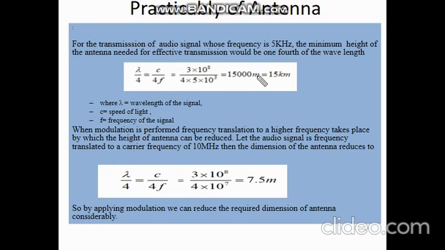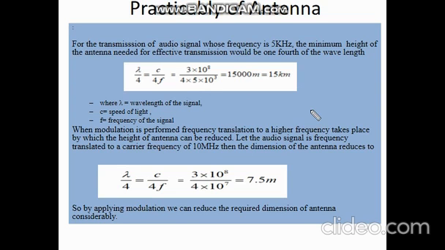So for this particular frequency of the audio signal, what will be the dimension of the antenna? If you solve this, we get 15,000 meters, that is nearly 15 kilometers. It is not practical to design antennas of this huge dimension.